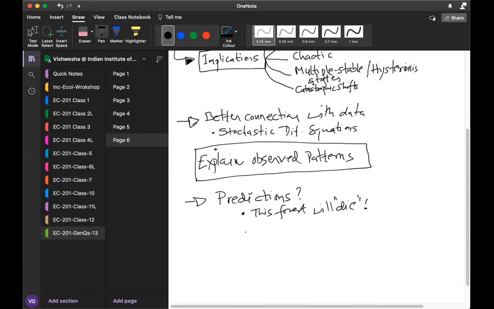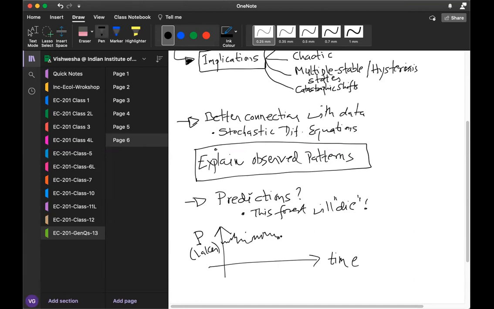For example, let's take this simple example of catastrophic shifts. Let's say somebody is collecting lots of data. I think the paper talks about lakes, right? So let's say P is the phosphorus concentration in lake water. Let's say it's showing this kind of pattern.